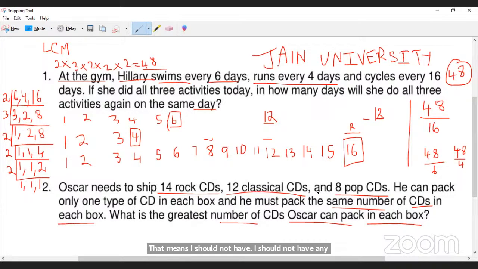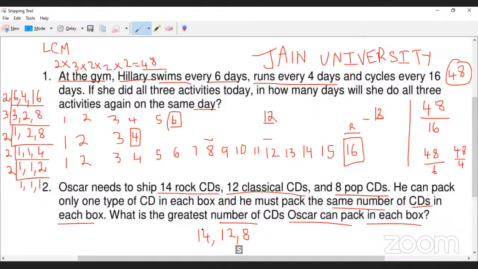So 14, 12, 8. Okay, what is the common number so that I can pack them? Yes, so 2. So I can have 7 packs of rock CDs, 6 packs of classical CDs, and 4 packs of pop CDs.